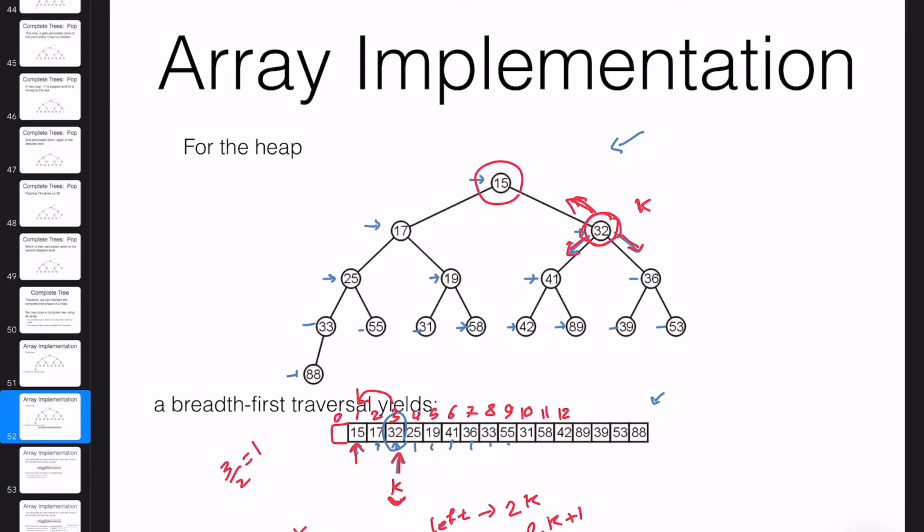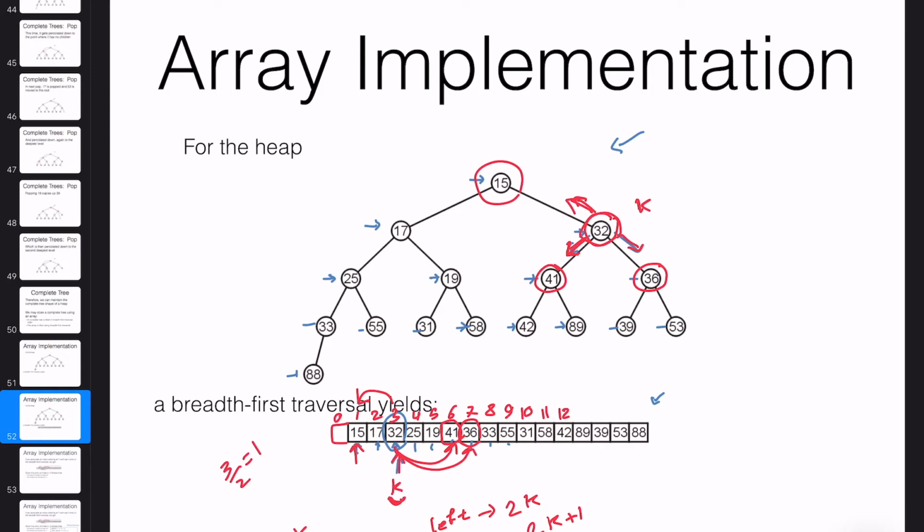Let me show you over this array. 3 multiplied by 2, so this formula tells me that 41 is going to be the left child, and 2k plus 1, so index 7, is going to be the right child. And look at the tree. This is exactly left child 41, right child 36.